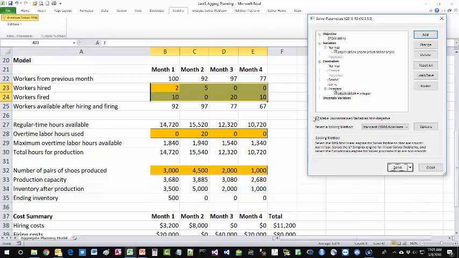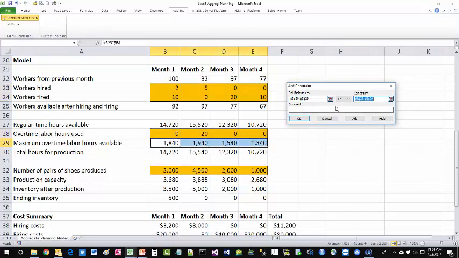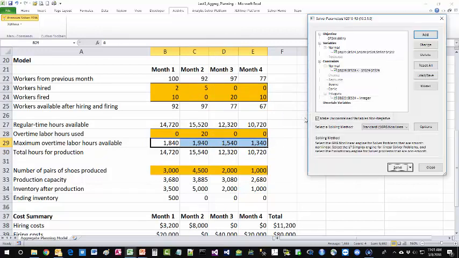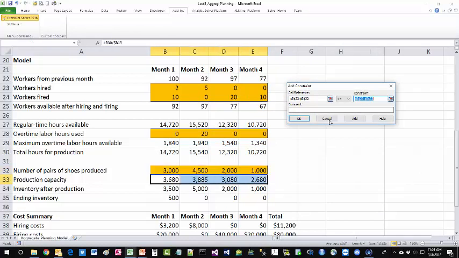Okay, then in addition to these, we have the overtime labor hours used right here have to be less than the maximum available, which is easily going to be the case. The production amount has to be under capacity, which is right here, right?